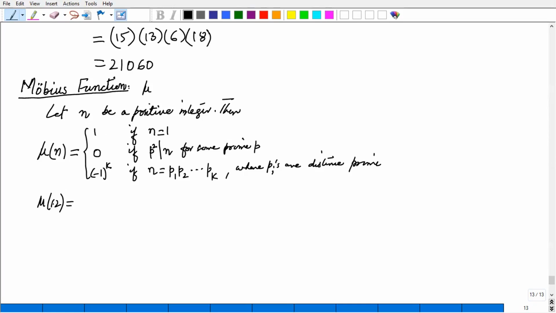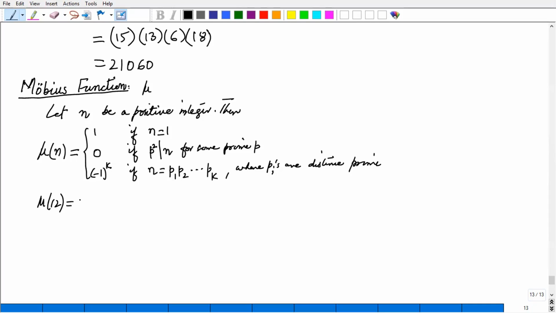Okay, how can we find mu of 12? This is not 1, so we cannot apply the first definition, and we cannot apply the third definition as well.